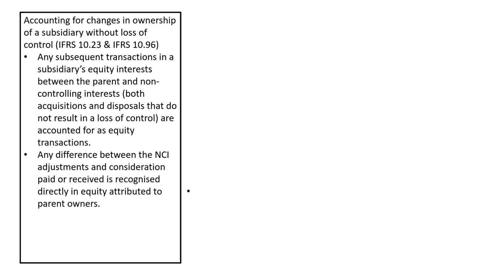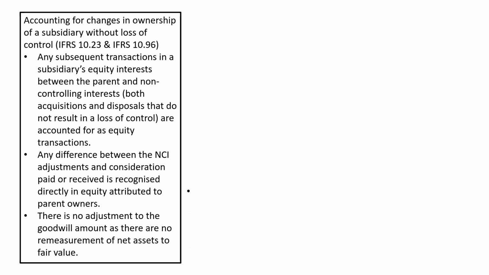Any difference between the non-controlling adjustments and consideration paid or received is recognized directly in equity attributable to the parent owners. There is no adjustment to the goodwill amount, as there are no remeasurements of net assets to fair value.